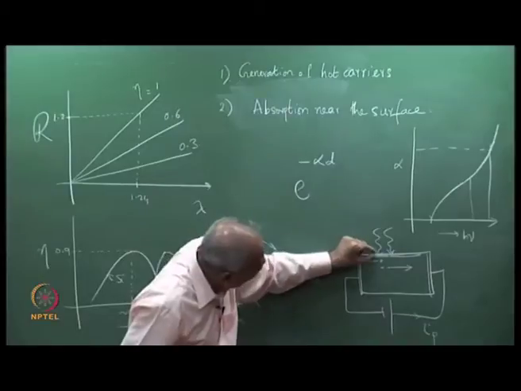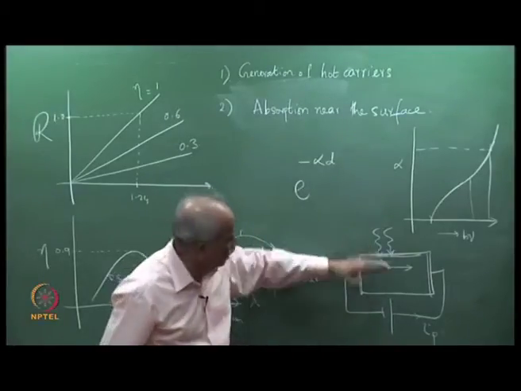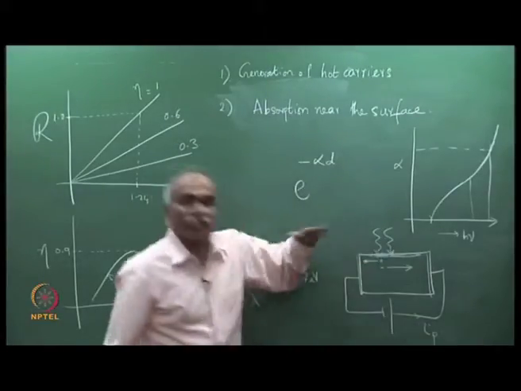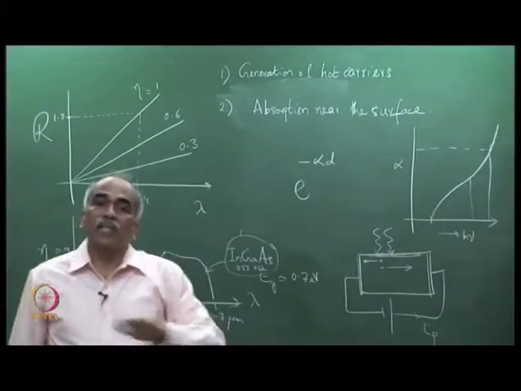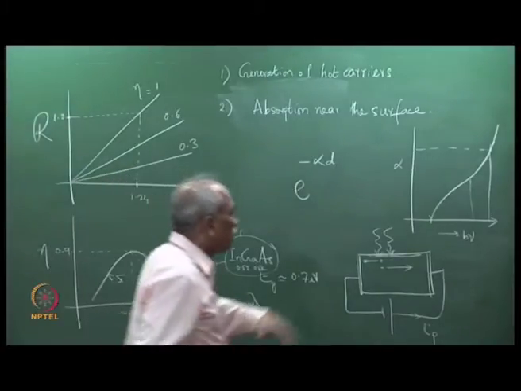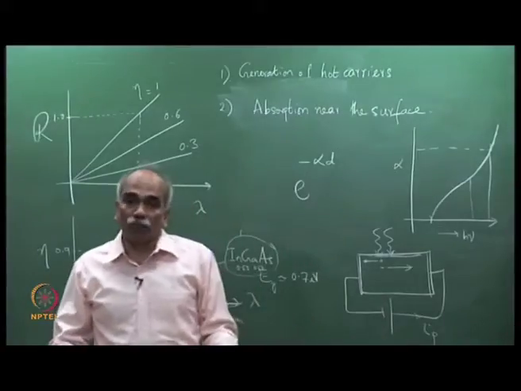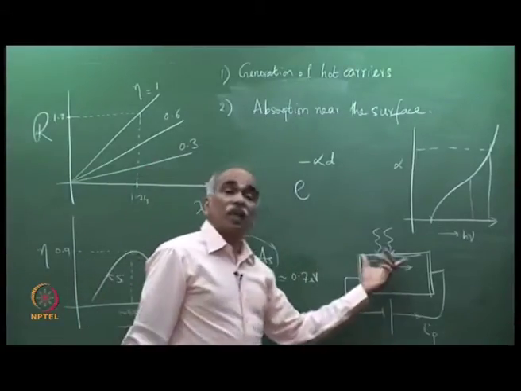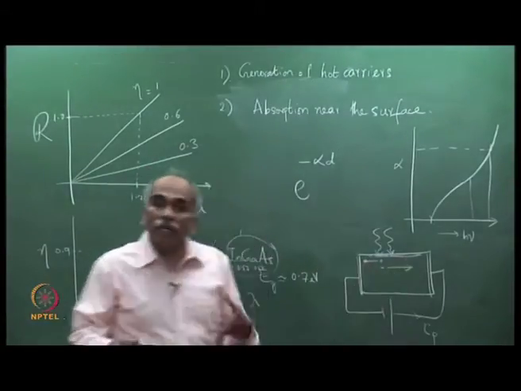In other words, almost all the incident photon energy is absorbed close to the surface, and in any material, the surface is not a very good place to get absorbed, because there are surface states due to dangling bonds.